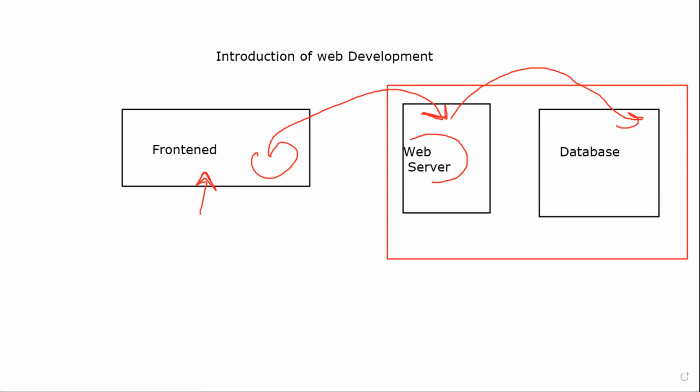What's going to happen when I click enter? When I click enter, I get all the information. What I cannot see is that I made a request that I want to see Superman. So my web server goes to the database, and it is searching whether I have something related to Superman.